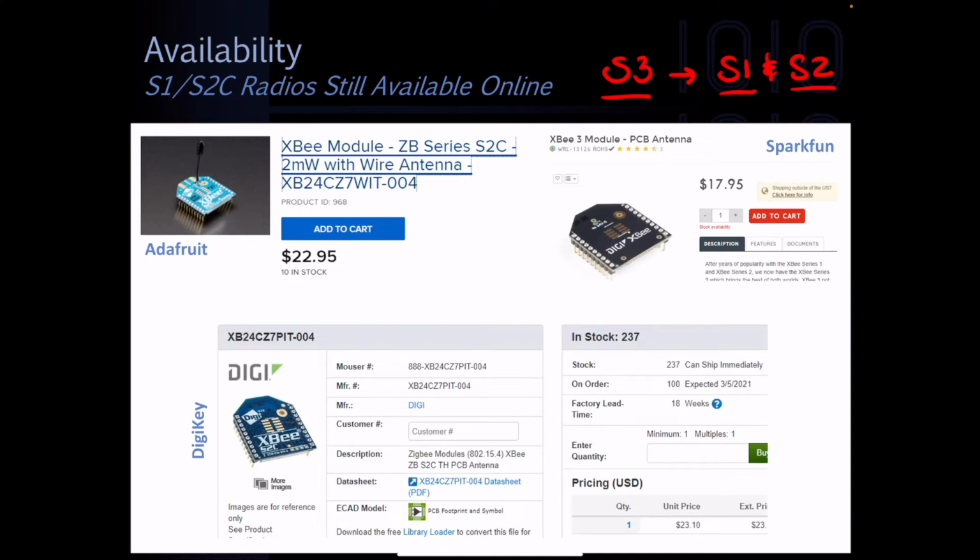So availability, let's talk about this for a second. Fortunately, there's still lots of the Series 1 and Series 2 radios available online. You can check out Adafruit, they have some in stock. SparkFun, they have some in stock. DigiKey does as well, but the shot I have here, this picture, is actually from Mouser, which I just realized.